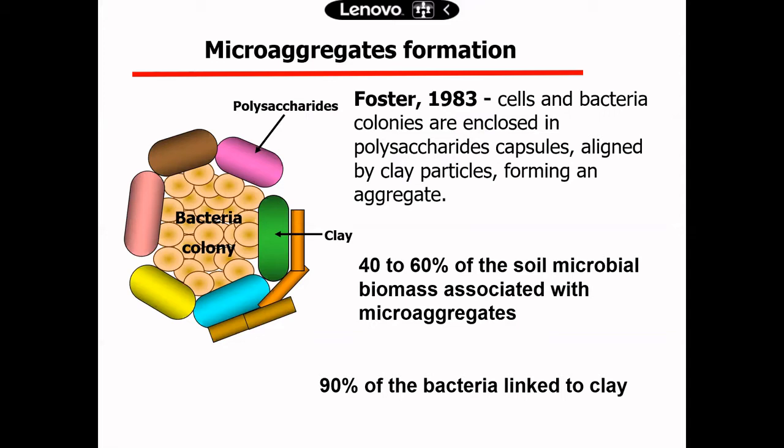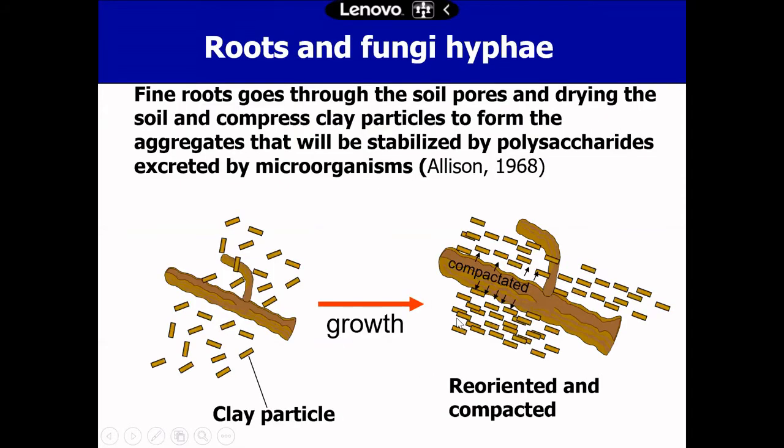The problem is in a heavy clay soil that's been tilled, you're going to be dominated by bacteria. And what we really want to do is have more fungus in the soil, the mycorrhizal fungus, which will allow us to form macroaggregates. And the macroaggregates are bigger and they're cemented together to allow air and water to get into our soil.